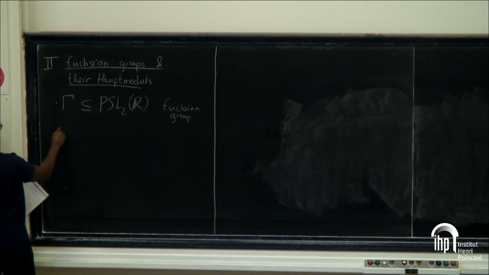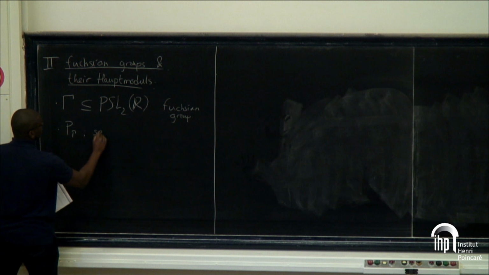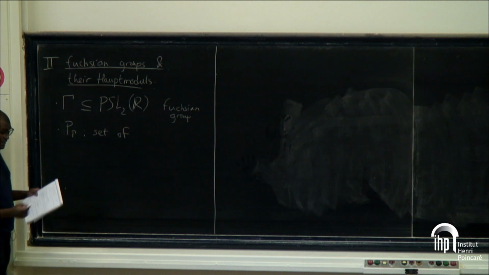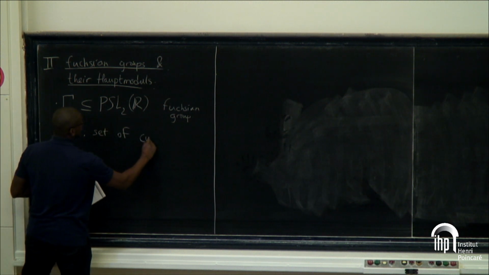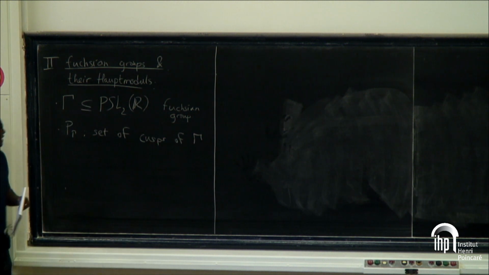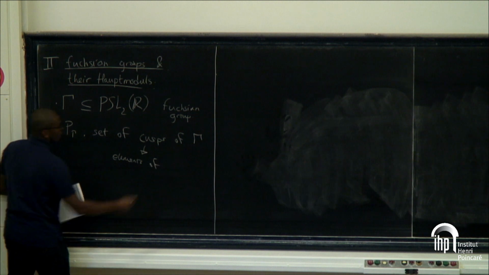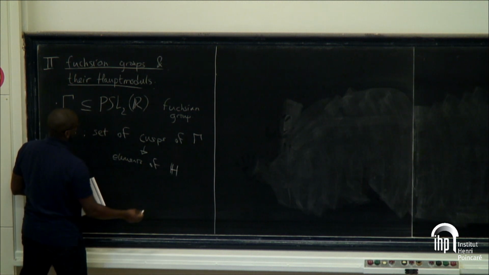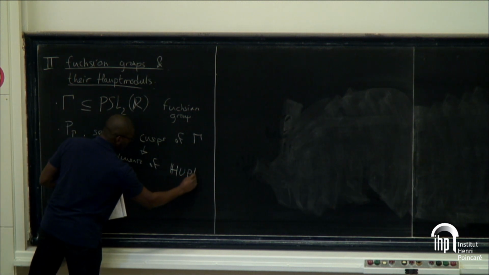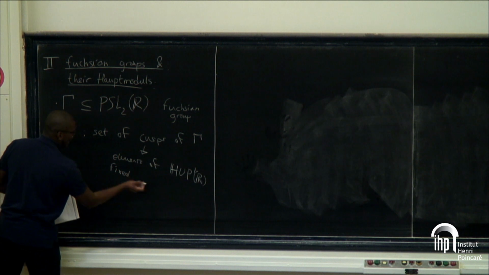I'll also denote by P(gamma) the set of cusps of gamma. These are elements of the upper half plane where you add the projective real line, which are fixed by infinitely many elements of gamma.